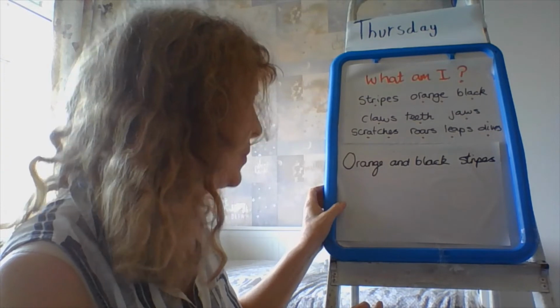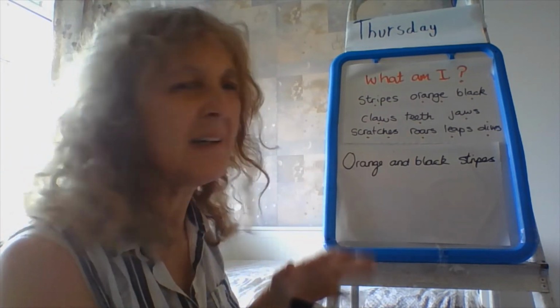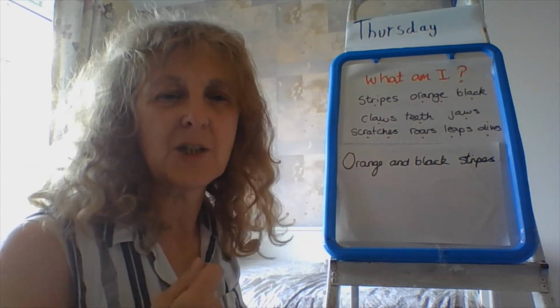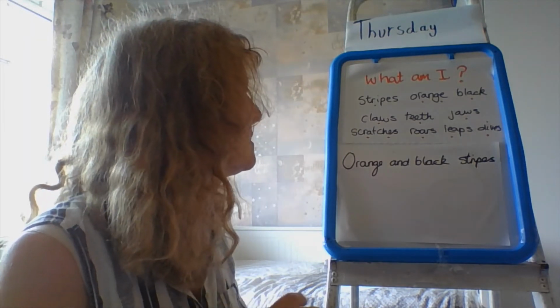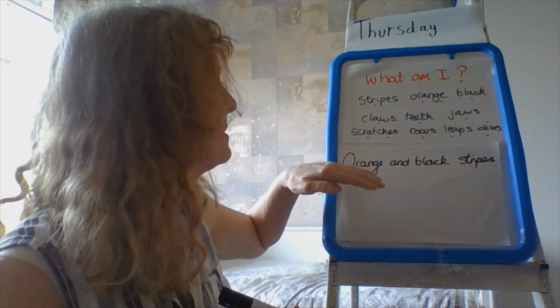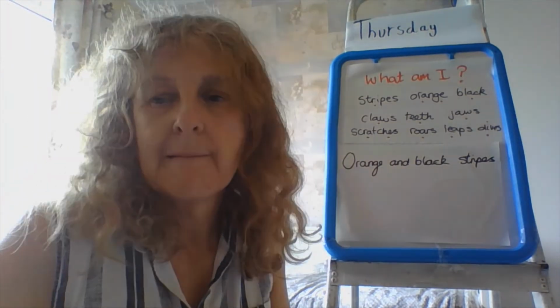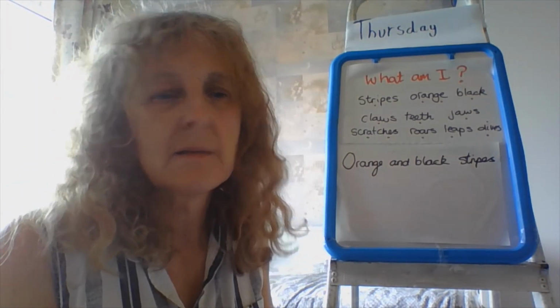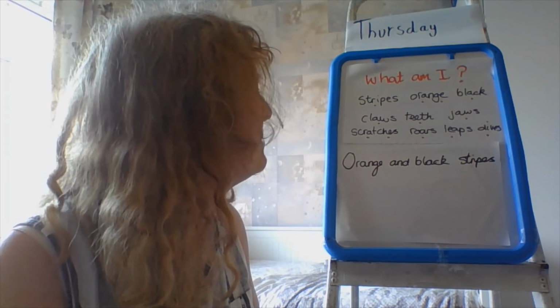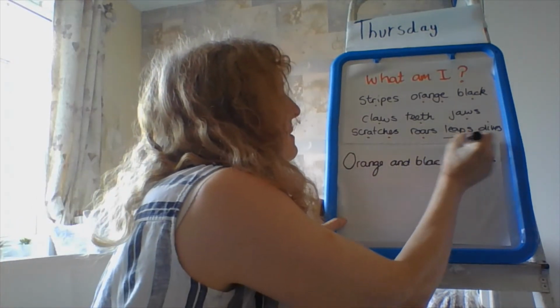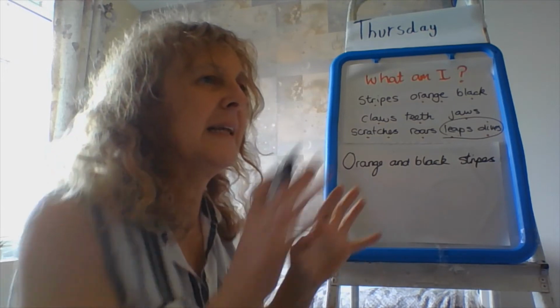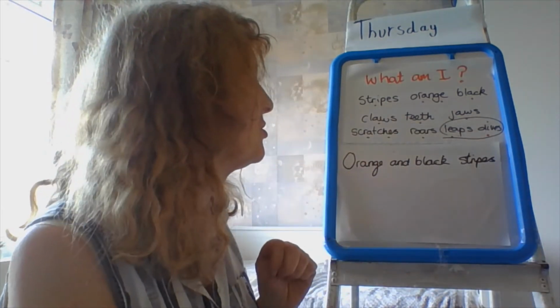Now the second line, I want to think about the actions that this animal does. He's got his jaws, he's leaping, roaring, scratching, clawing, dives. So what words do I use? I like the words leaps and dives. I think I'm going to use those. Leaping and diving onto what?